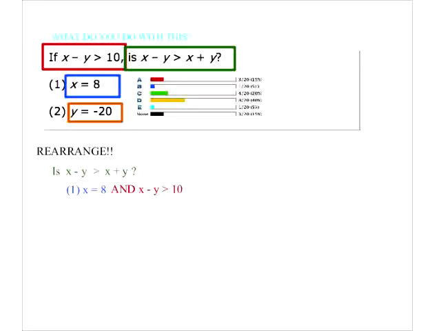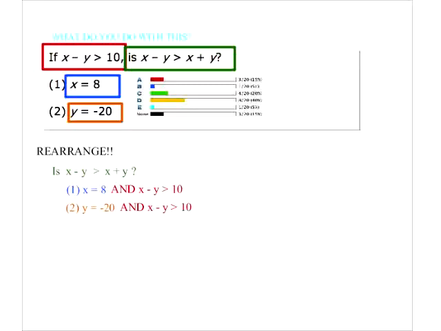And then statement 2, you've got to do the same sort of thing. So statement 2 is y equals negative 20, and then adding in the red part, x minus y is greater than 10. So this is probably going to make your lives a lot easier. Let's go ahead and go through this problem just to see how it works.